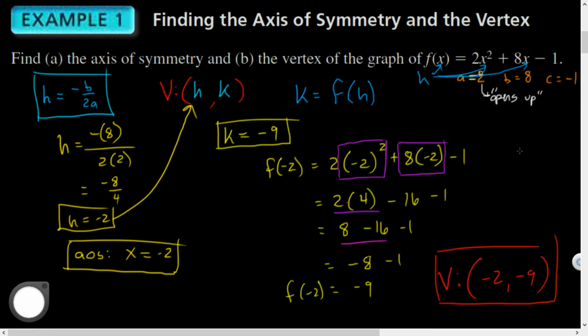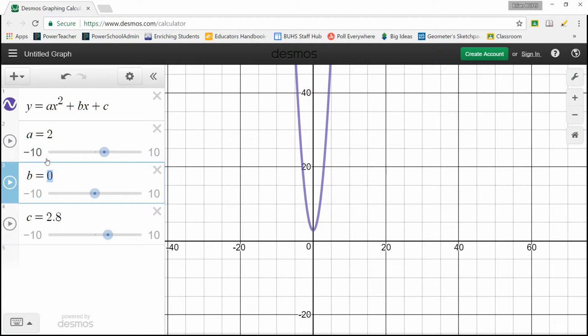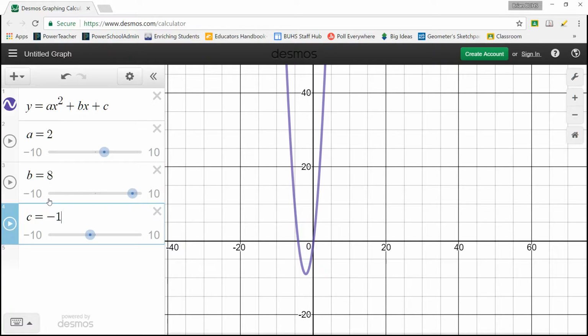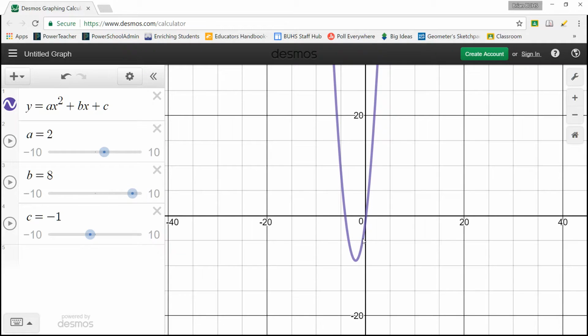So let's graph this. So 2x squared plus 8x minus 1. Here's a little graph that I made earlier. Let's override this. Actually, no, I guess I could do it this way. 2x squared plus 8x and then minus 1 for c. And so here's the graph. And we anticipated that the equation x equals -2 would be our axis of symmetry.